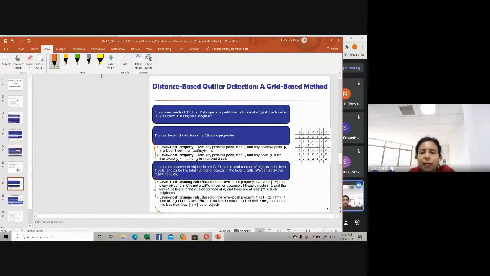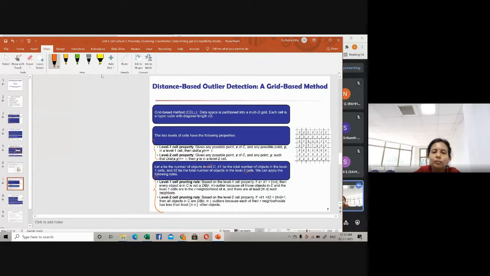Let A be the number of objects in cell C. Let B1 be the total number of objects in the level 1 cells, and B2 be the total number of objects in the level 2 cells. These are the pruning rules as far as level 1 and level 2 are concerned.